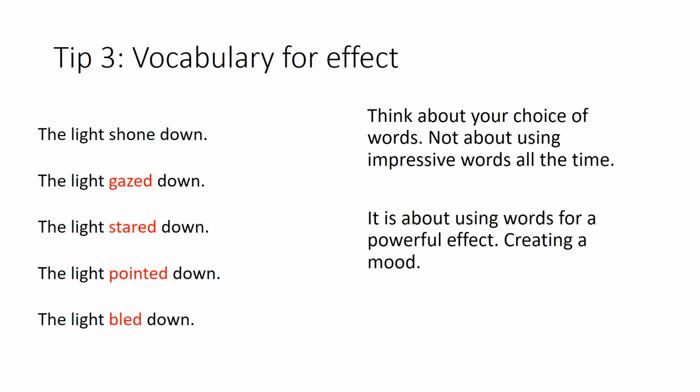What we're looking for is that you use verbs like this effectively, and what you're trying to do is create a particular effect and a particular idea, and that's what examiners are looking for. We're not looking for the most impressive words, we're looking to see that you've used words for a particular effect. That's what we're looking for.